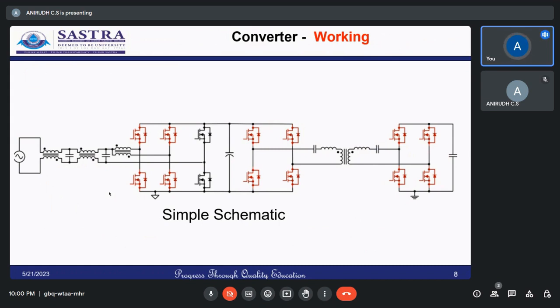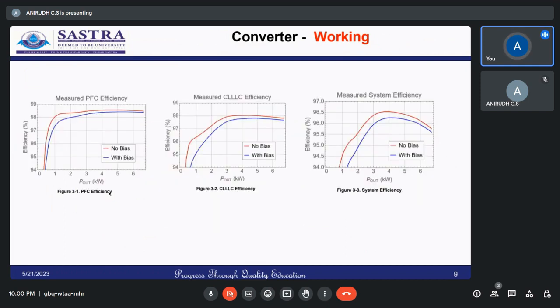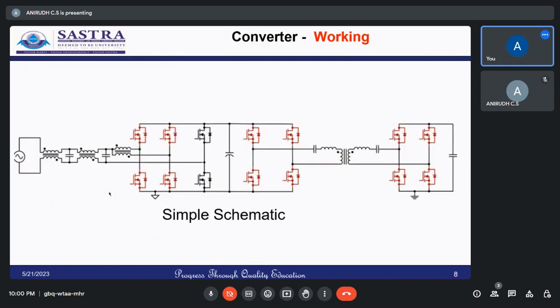Then the output of the 4-bridge MOSFET is given to a CLLC circuit, which means capacitor, inductor, inductor, inductor, capacitor circuit, which is a star connection circuit. The output from this circuit is being inputted to the 4-bridge MOSFET, which converts the AC to a DC.